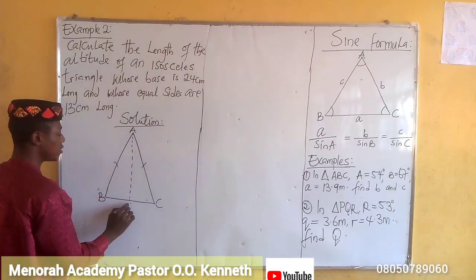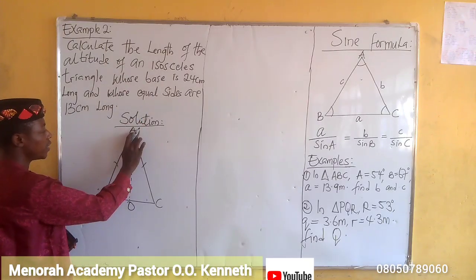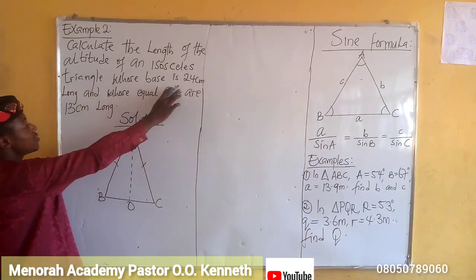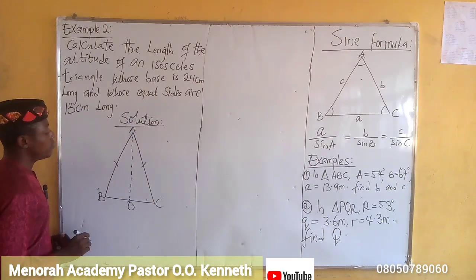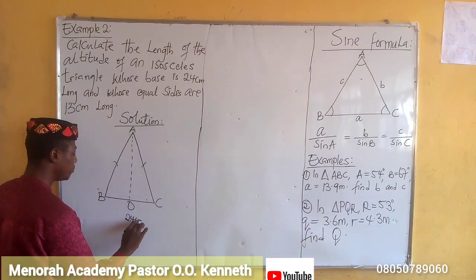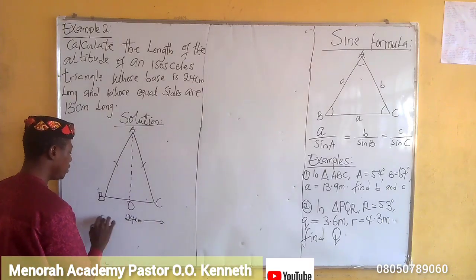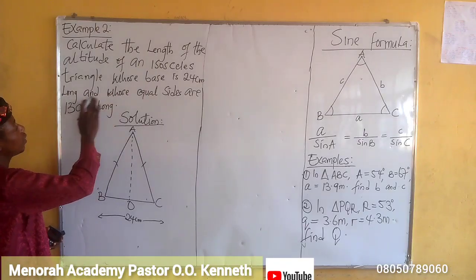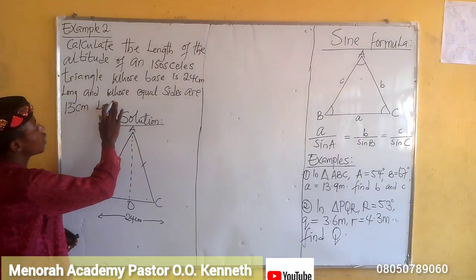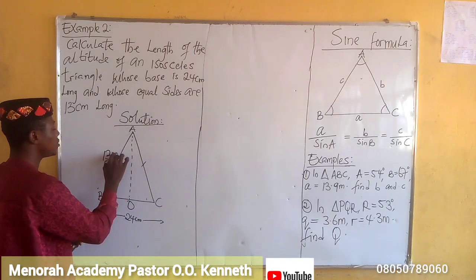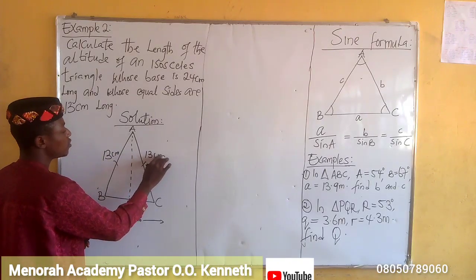Let's say here is O. They're asking us to find AO, of an isosceles triangle whose base is 24 cm. That means from B to C is 24 cm, and the equal sides are 13 cm. Here will be 13 cm.